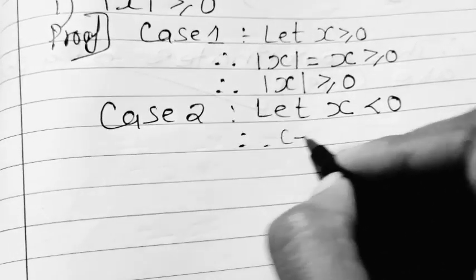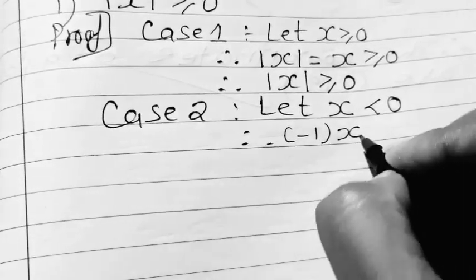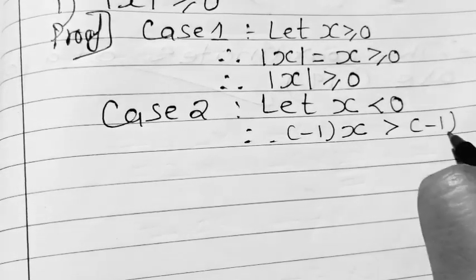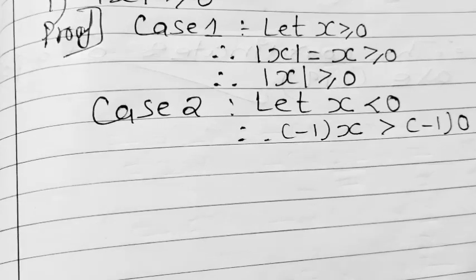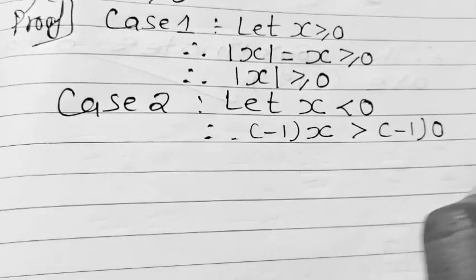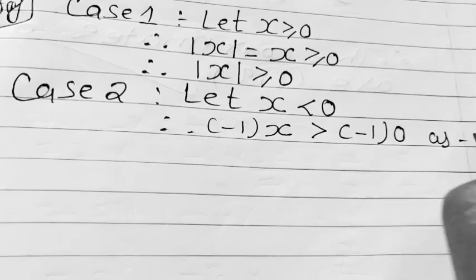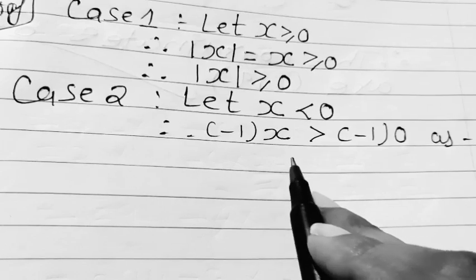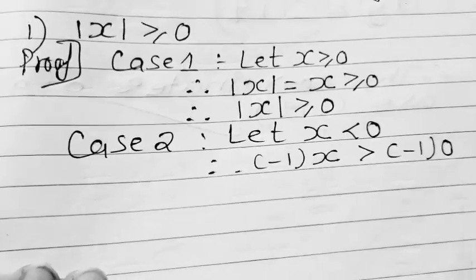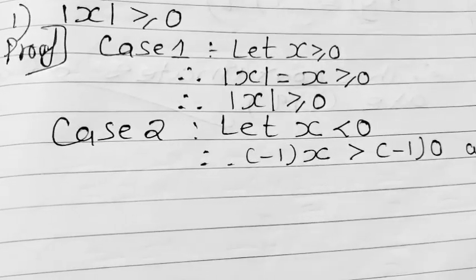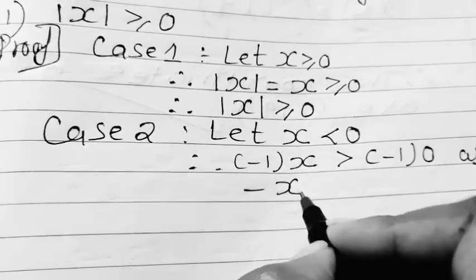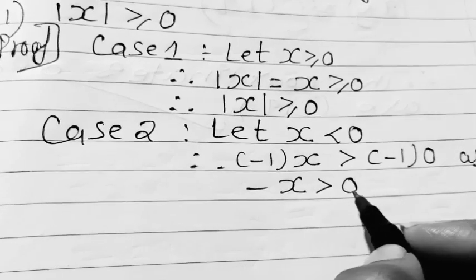Therefore, minus 1 into x is greater than minus 1 into 0, as minus 1 is less than 0. We know that minus 1 is less than 0. So here, minus x will be greater than 0.